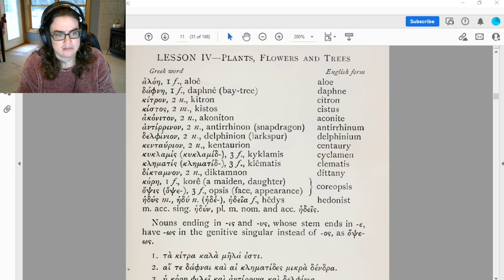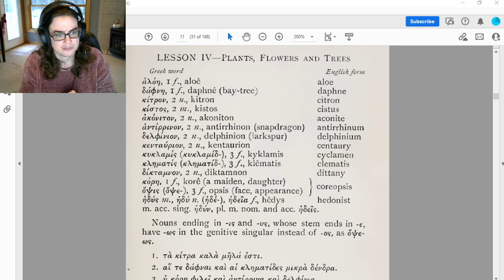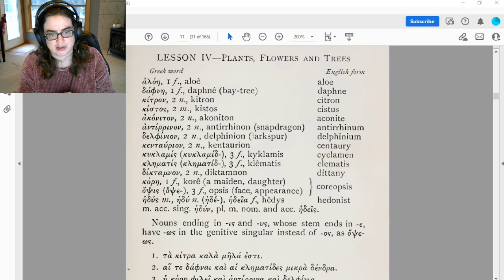Corday means a maiden, girl. Opsis is sight, full face. Okay, yeah. What's visible? So why are we... I guess we just wanted to introduce something that could be a subject. Because I don't know if anybody in English knows Coreopsis, but if you do, good on you. Hedus, hedu, hedea, sweet.